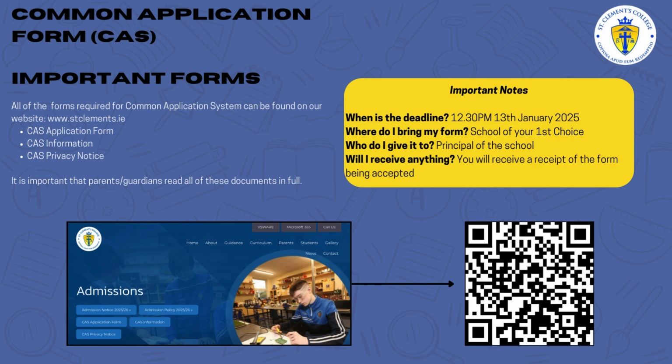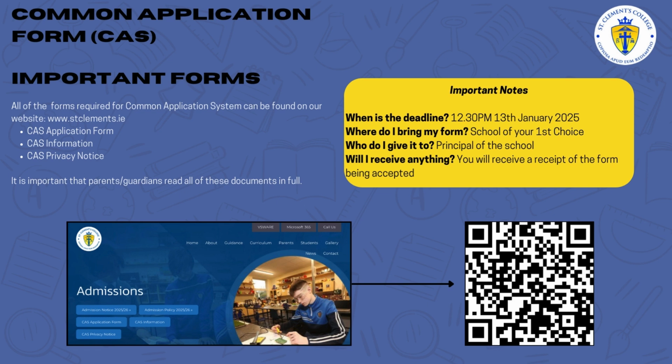The 3 forms that you must read are the CAS application form itself, which you fill in, and within this form you must make sure that you have signed 3 times in the appropriate places, placed your numbers from 1 to 11, and have consented for the data to be shared by the school and also by the Limerick Education Centre. You must also read the CAS information leaflet and the CAS privacy notices. On our website you will also find our admissions policy and our admissions notice.